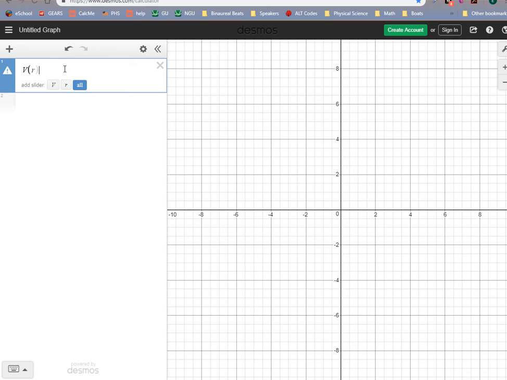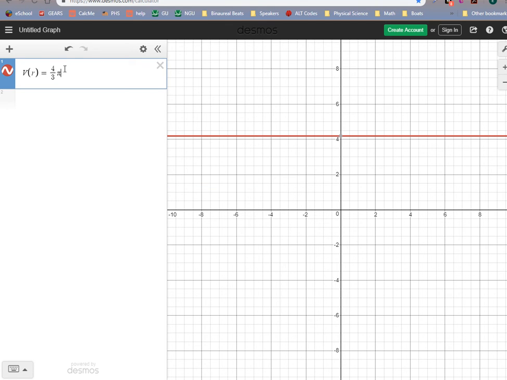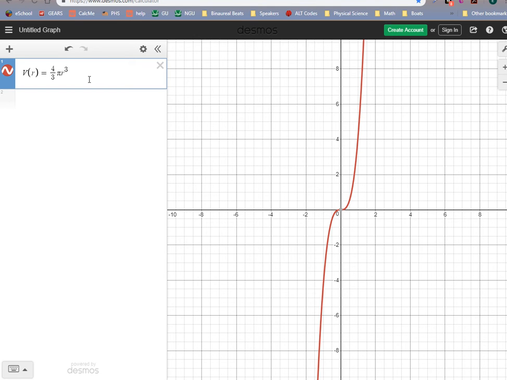So V of R just equals 4/3 pi r cubed. What does R dot mean? What's R dot? Yeah, dr/dt. Instead we use a dot instead of a prime, like dy/dt.